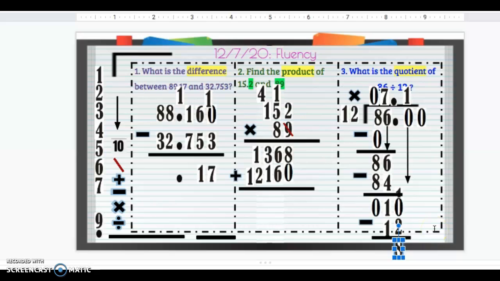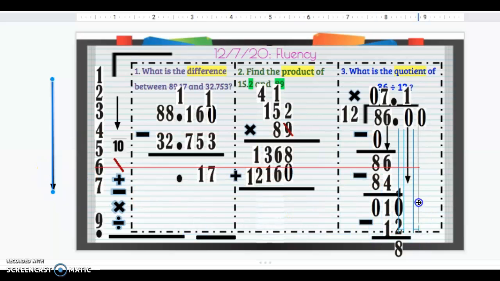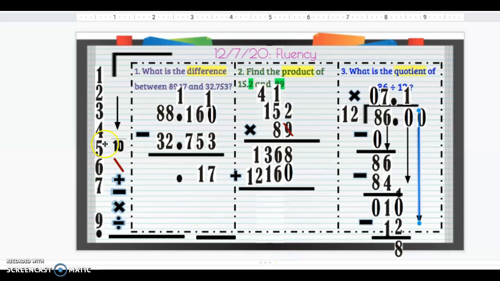Okay? So if I bring down that 0, I get 80.